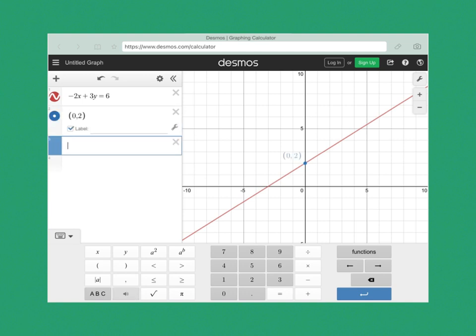Now let's do the x-intercept, which was -3, 0. And I'll label that guy. So here are my two coordinates. In this case, this is the y-intercept. Here is my x-intercept. So as you can see here, you can graph those 2 points, connect them, and there you go, you have a line.